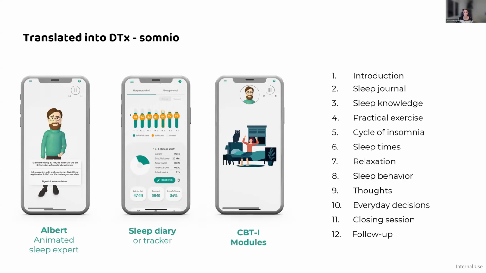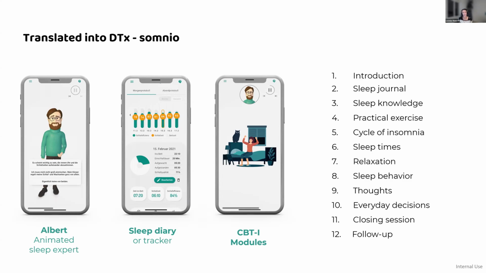Some have an avatar who guides through these treatments. Others use chatbots or video recordings of healthcare professionals. So all of this is possible, but it's always essential just to get through the content and be able to implement it on your own. And how this information is delivered can vary. For Somnio, we have an avatar. He's called Albert.